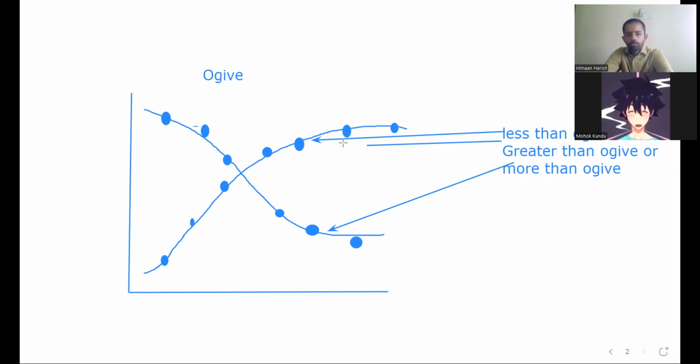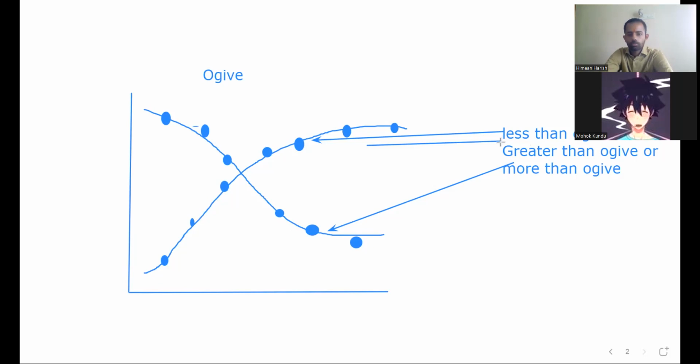Usually in example problems, only one type of ogive will have to be plotted, where they'll be giving the marks and the frequency in the table. And we have to get the more than cumulative frequency, or rather, we have to plot the less than ogive or the greater than ogive.